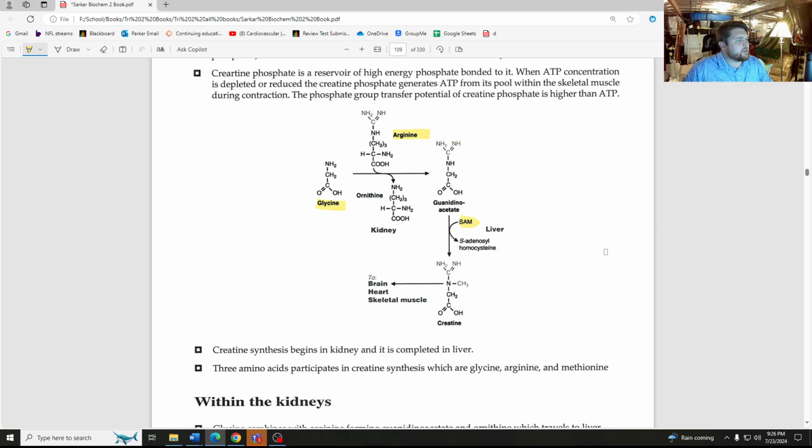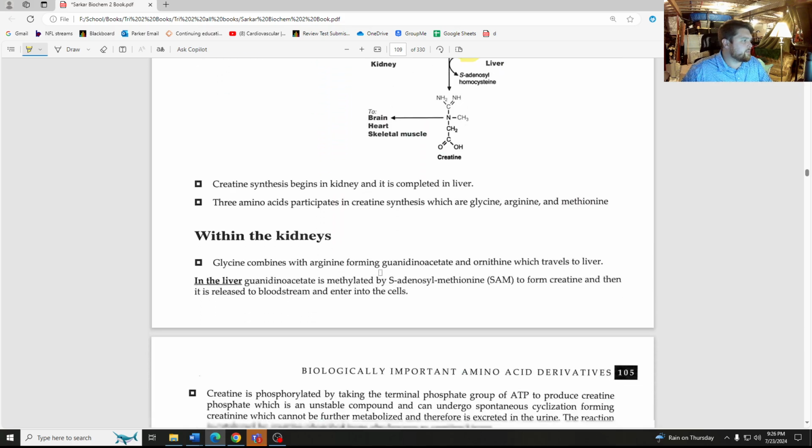I believe it was chapter 8, the one-carbon metabolism. So that's going to come back here in a second.